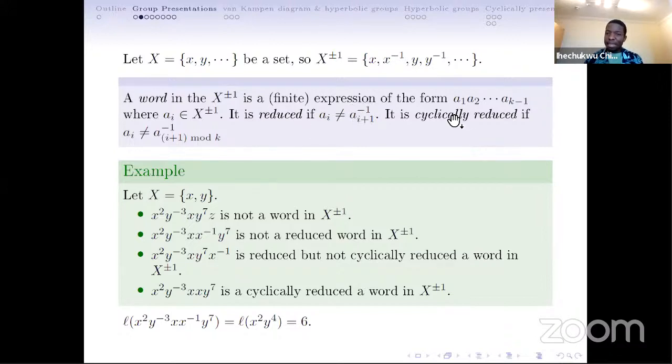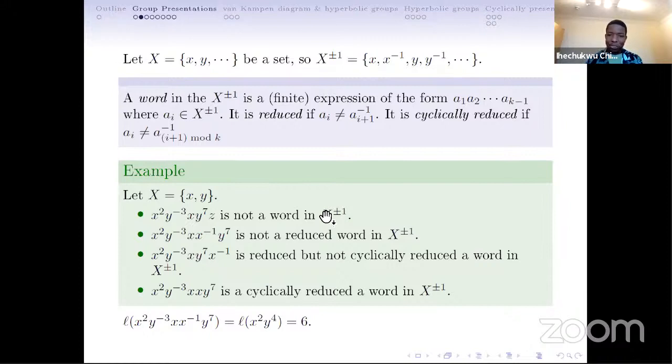We say it is cyclically reduced if it's reduced mod k. You can do this mod k and it's still reduced. So every cyclic permutation of your word is reduced. I have some examples here. So here you have a word which is not a word in this alphabet because it's got a Z here, and I haven't got Z in my X. So it's a word, but not a word in this alphabet.